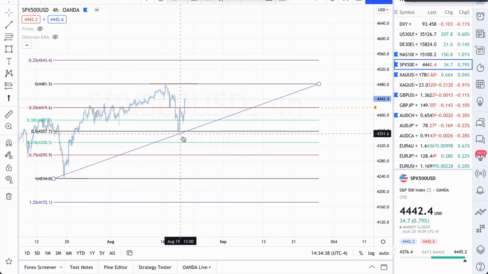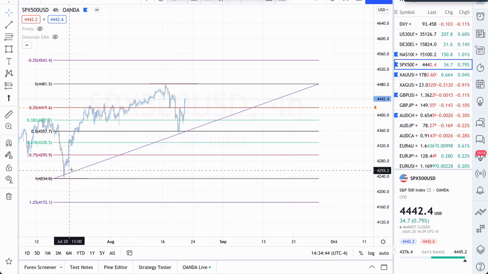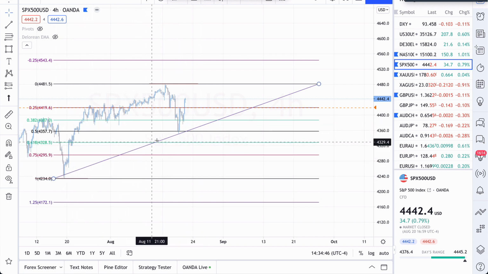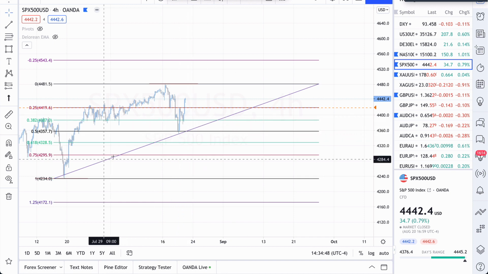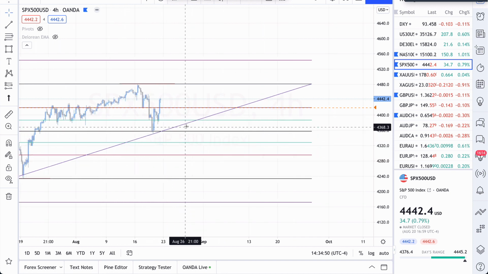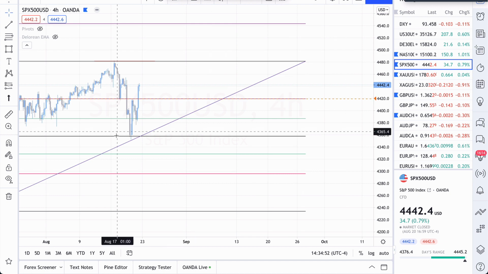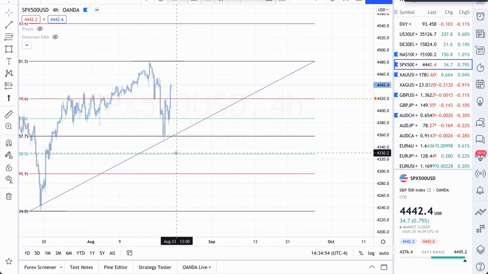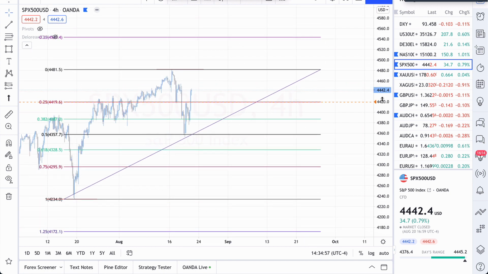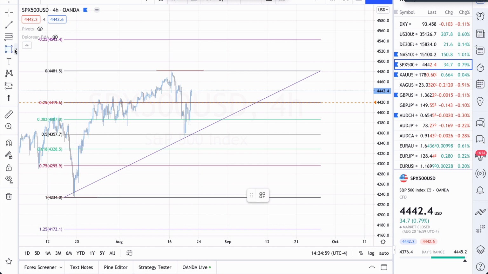It came back to 50%, almost to the T, right along the trend line. That's something else you can use as confirmation. It rejected along the trend line, and it formed a morning star. Look at that. That's a morning star. So I have several confirmations for me to take this trade.